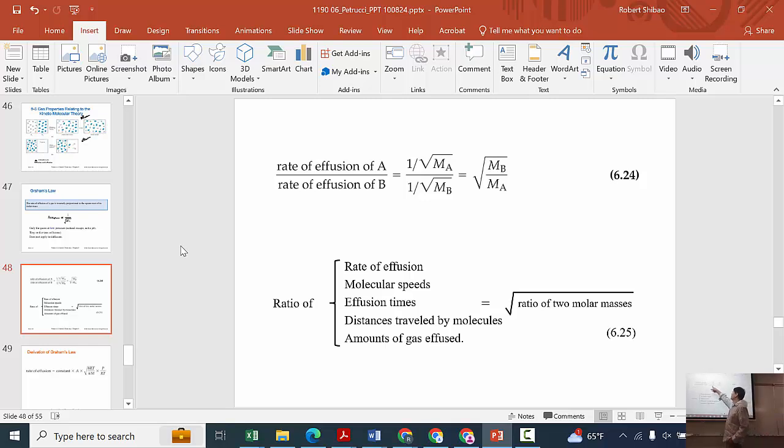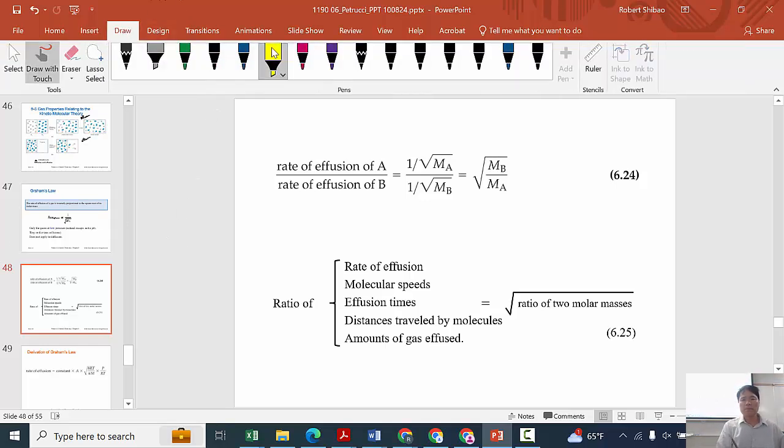The rate of effusion of A is inversely proportional to the square root of the molar mass of A, and the rate of effusion of B is inversely proportional to the square root of the molar mass of B. This is the equation we use to do simple calculations, like how much faster does helium effuse versus nitrogen. Is it 2 times faster, 4 times faster?